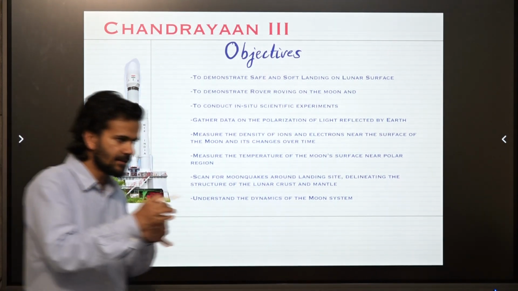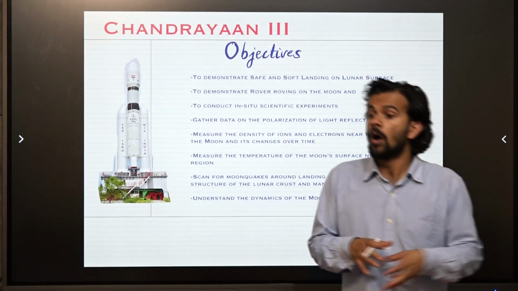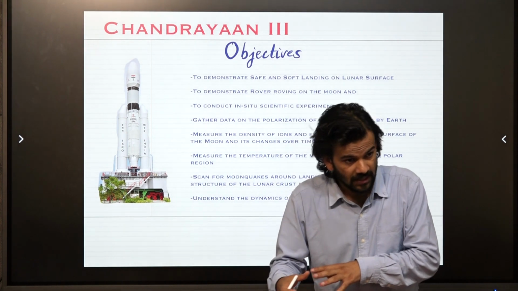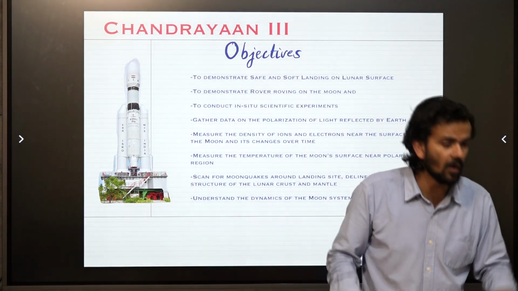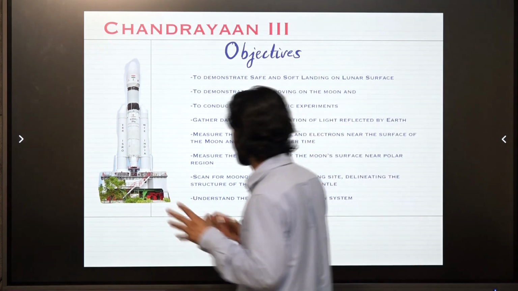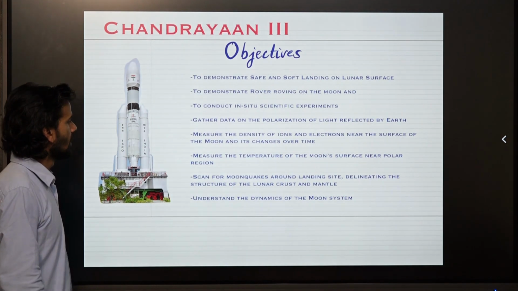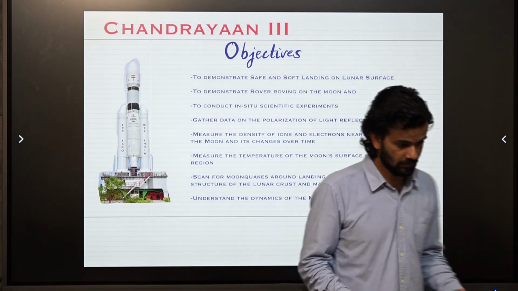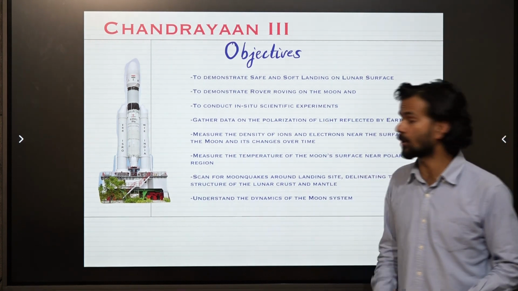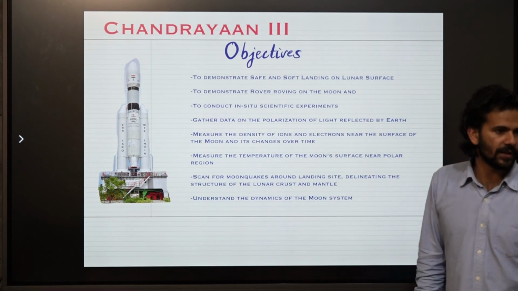Find the mineral compositions, what are the different minerals present there, what is the temperature, and the movement of the surface of the moon. All of these things can be studied and sent here so that we know a lot about the moon. And it can also measure the temperature of the moon surface near the polar region, right? That can also be very, very important for our future. Moonquakes, like we say earthquakes, there can be moonquakes also.